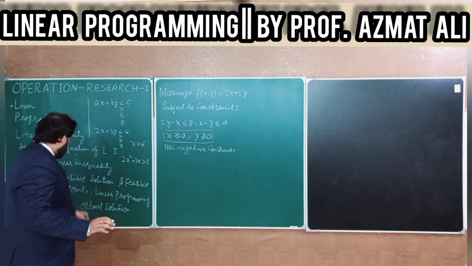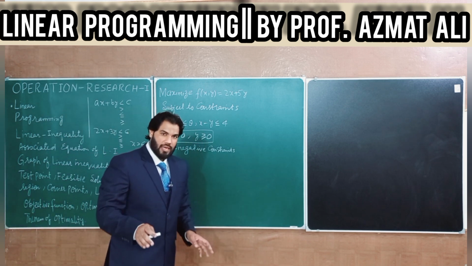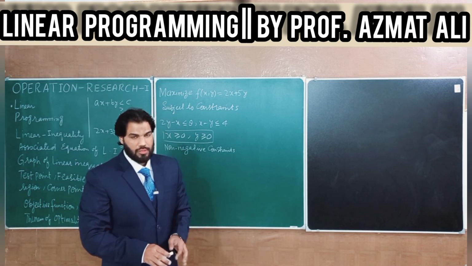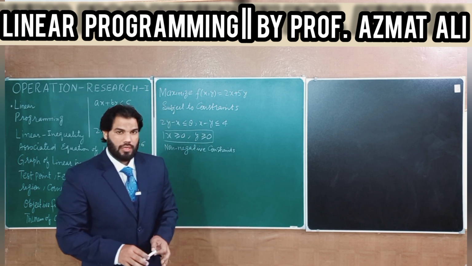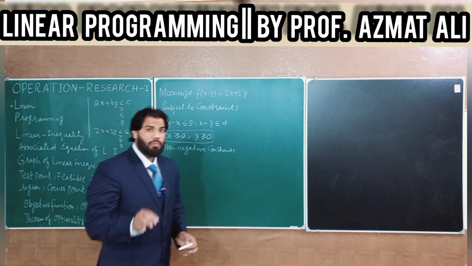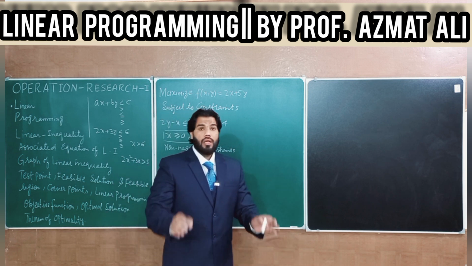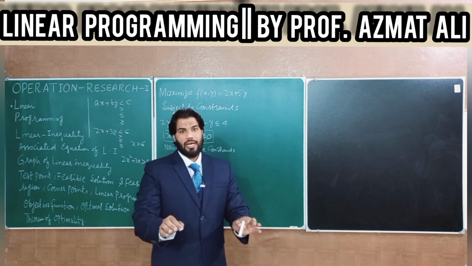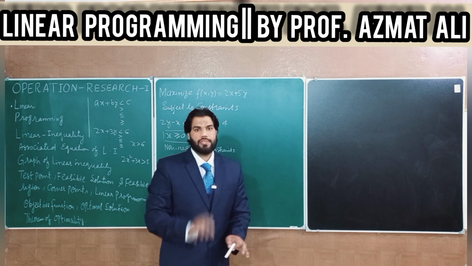Next, optimal solution. A solution that maximizes or minimizes our given objective function will be the optimal solution. I will discuss it here in the example. Theorem of optimality, or the fundamental theorem of linear programming, says that the optimal solution always lies at a corner point.